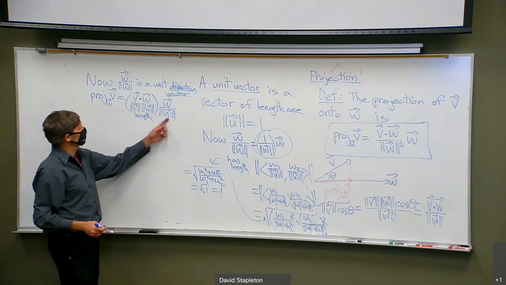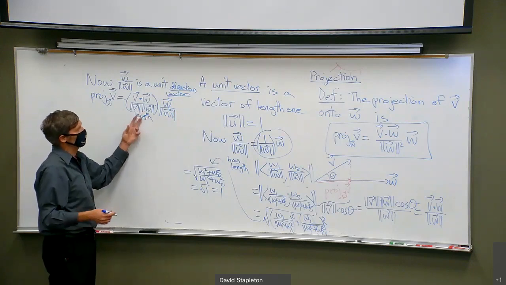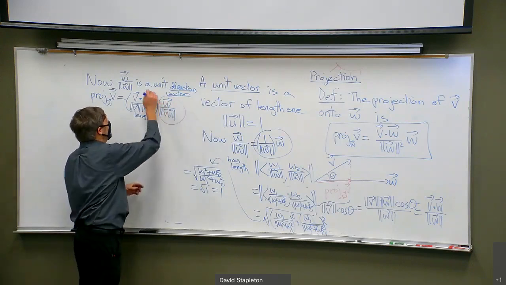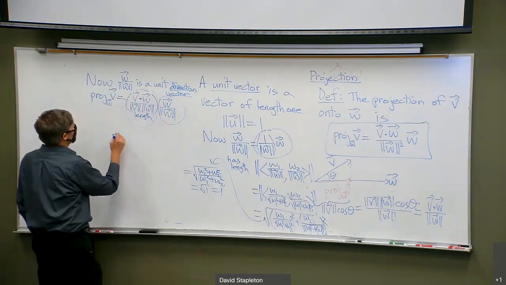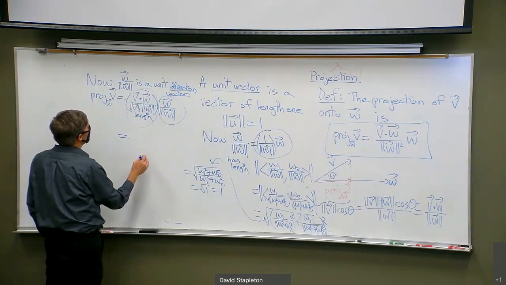We'll take a unit vector and make it this times as long. It'll be the right length in the right direction. This gives us the direction, and this scales it so it's the right length. And now what does that multiply out to be?